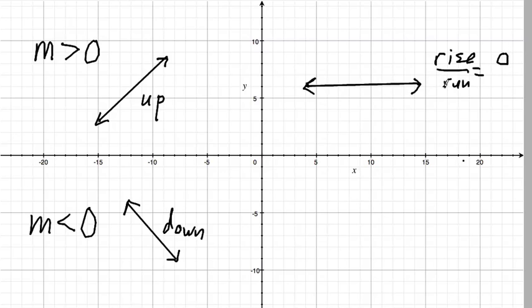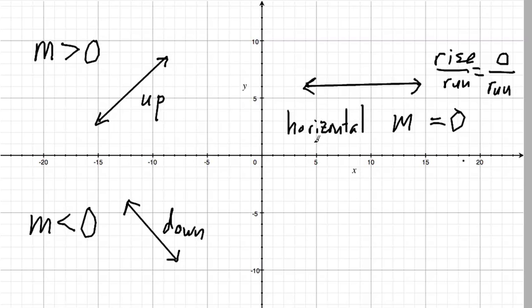No matter where I move along the line, there is no change in y. Whereas the run, well, the run can be whatever I want it to be. It could be some number. I could start here and go to here. Whatever that number is, the whole point is that when I do the slope of a horizontal line, I get 0. So m is equal to 0 when I have a horizontal line.